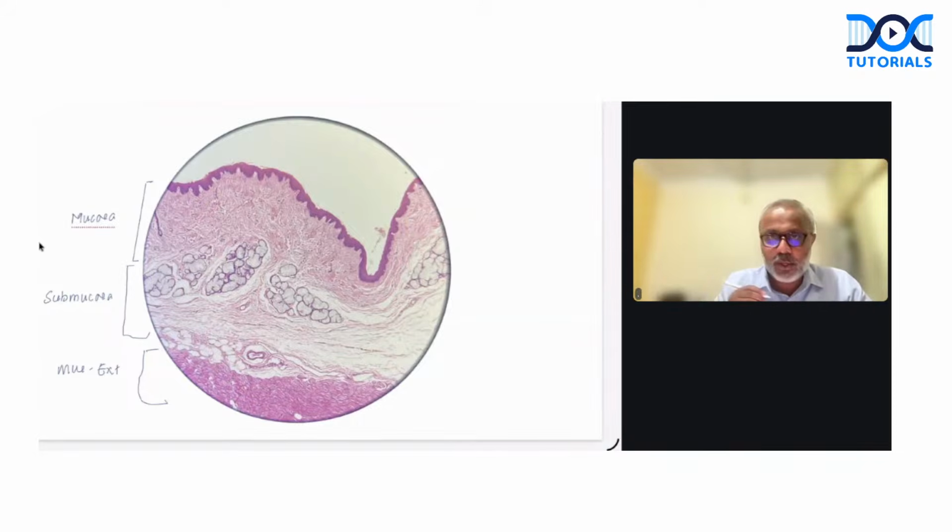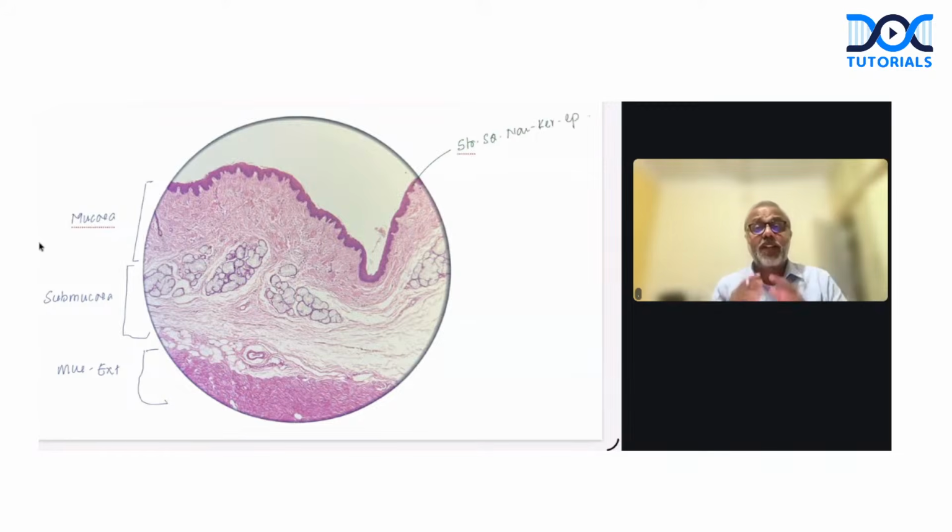Let's talk about mucosa. The mucosa itself is made up of further sublayers. Now, what are these sublayers? The first sublayer we have is the lining epithelium. What is this lining epithelium? This is stratified squamous non-keratinized epithelium.